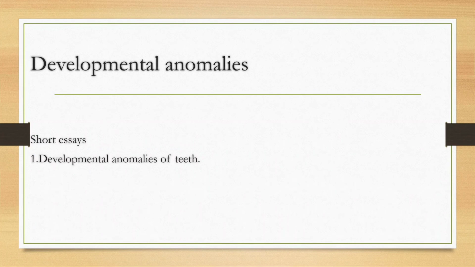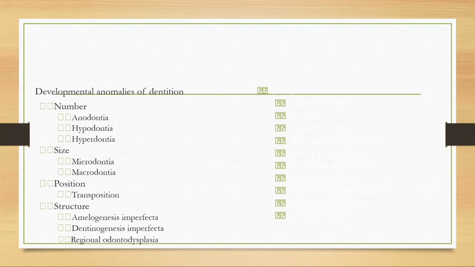Next, we have the developmental anomalies, that is anomalies of teeth. This we have already studied, regarding the number and regarding the shape. Number: we have anodontia, hypodontia; micro, macro related to the size; position; structure related to amelogenesis, dentinogenesis imperfecta, and regional odontodysplasia.